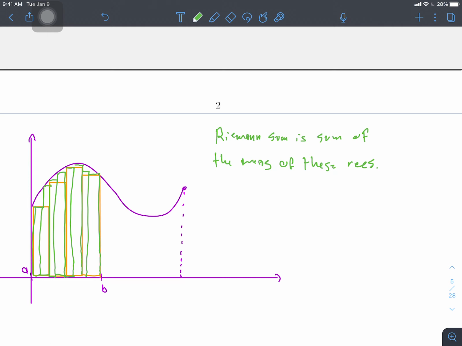And how do we add them up? There's a couple things we need to decide. The first thing we need to decide is how many rectangles. And the second thing we need to decide is how tall each rectangle is going to be.